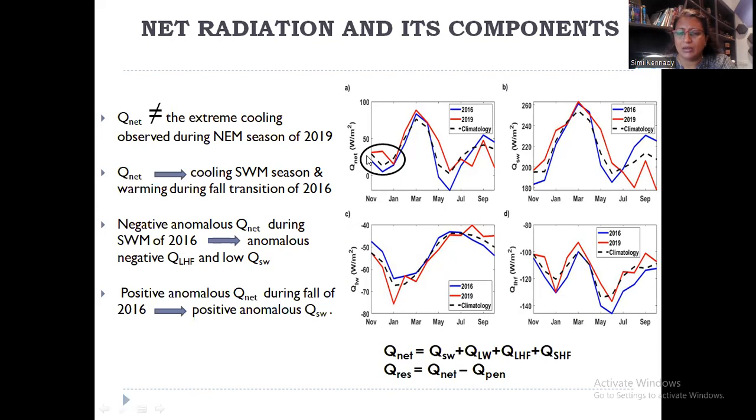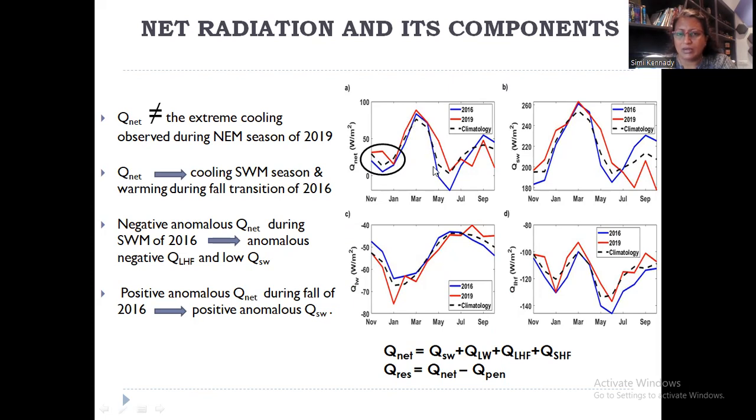And in 2019 it is supporting a warming, but the SST was showing an intense cooling during 2019. In all these pictures, the blue color shows 2016, and red color shows 2019, and the dashed line represents the climatology. And the spring transition month warming is almost aligned with the climatology.